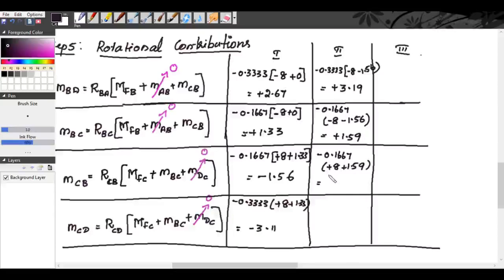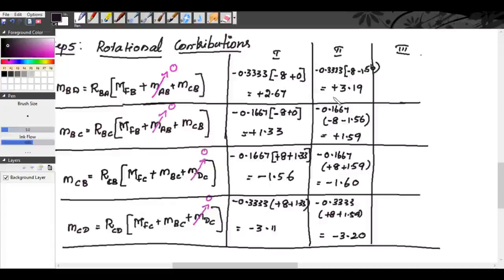Finally, we get MCB is equal to minus 1.60. MCD is minus 0.3333 multiplied by plus 8 plus 1.59. We get minus 3.20.